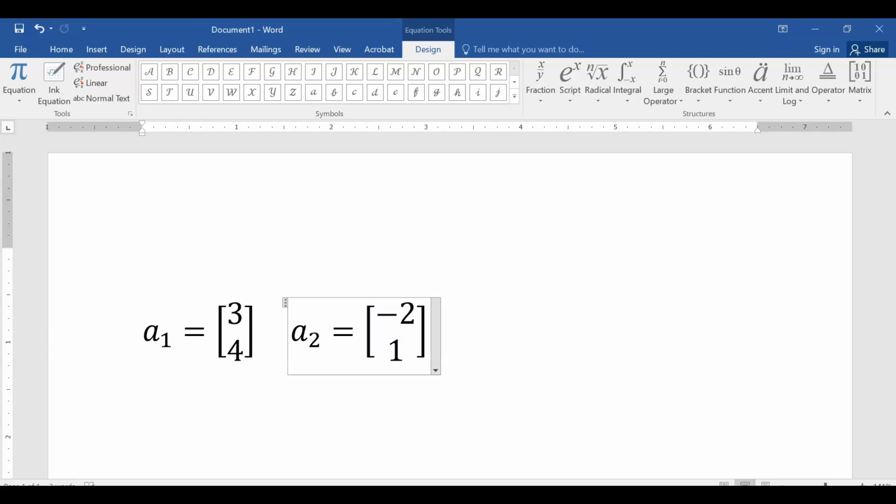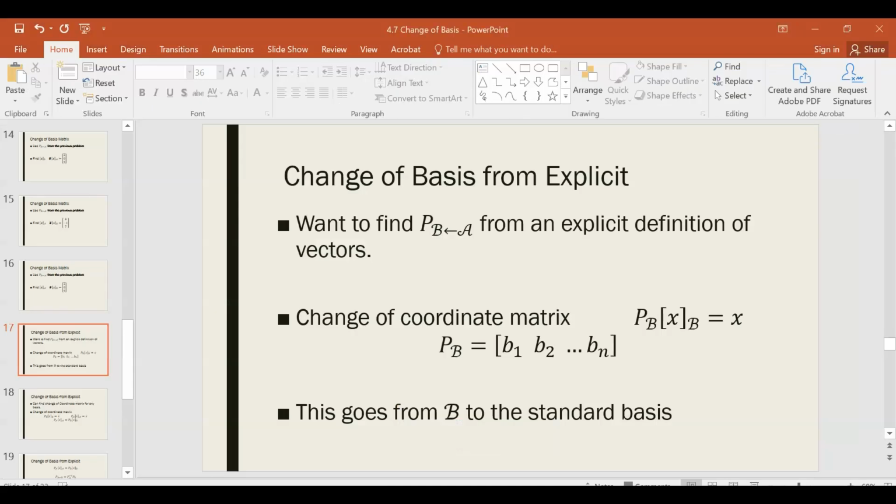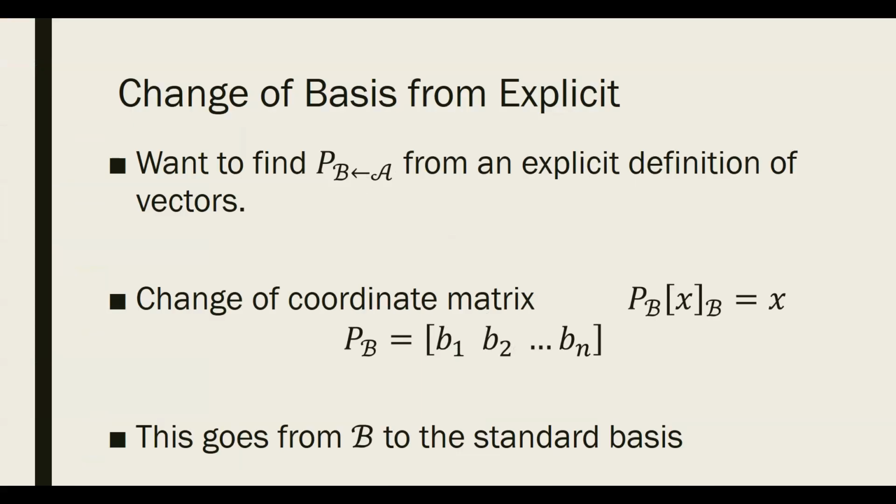Okay, so if we have this basis for R2, and then we have another basis for R2, which again are just 2 different vectors, how can we translate from one basis to the other without having to do all of the work of rewriting one basis as a coordinate matrix in the form of another?